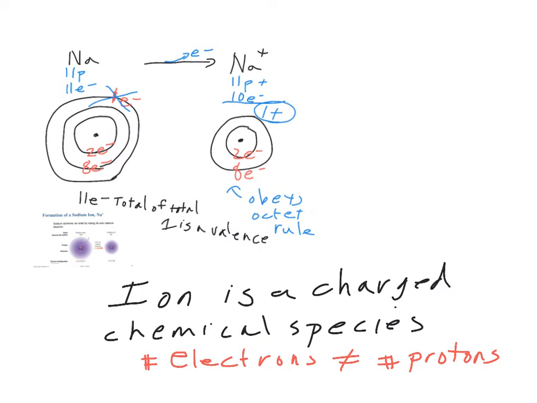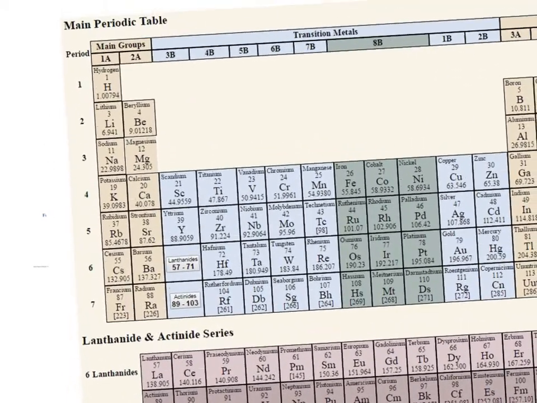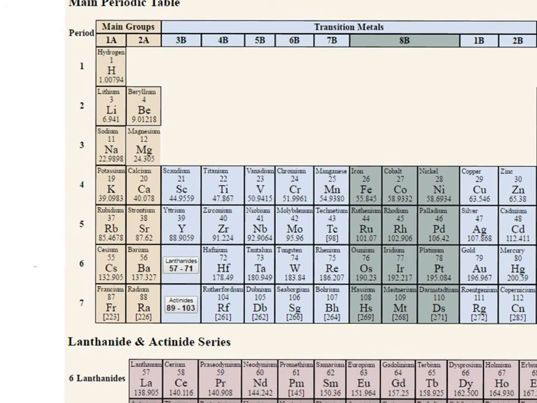Now, everybody in group 1A, and by everybody in group 1A, I'm talking about all of these elements, all of them have one valence electron. The easiest way for all of these elements to obey the octet rule is to lose that one valence electron, so that they've redefined what their valence shell is.